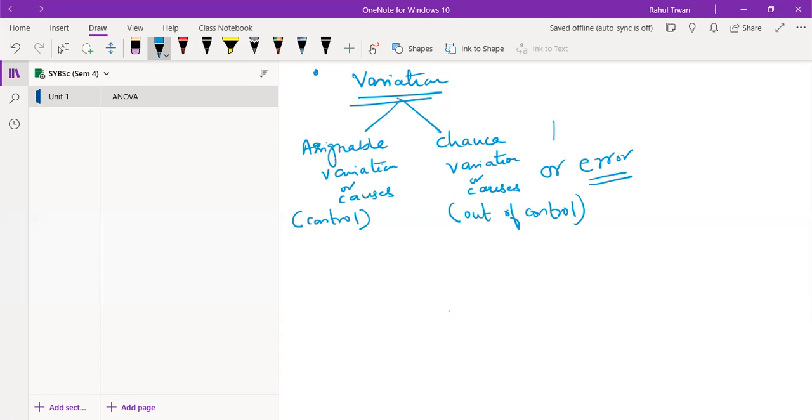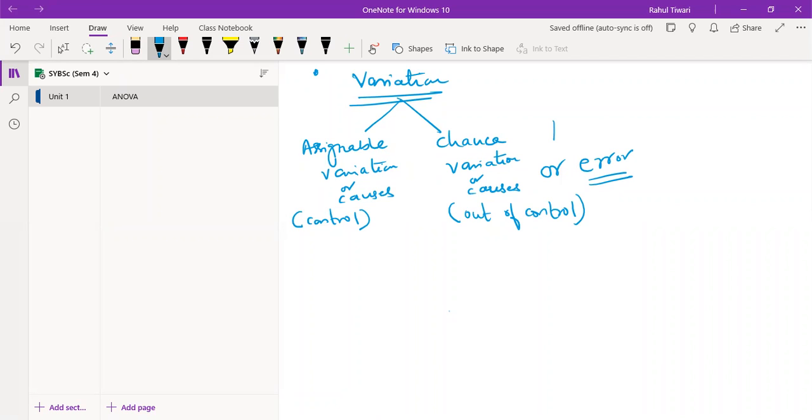The overall aim of ANOVA is to control this and try to minimize it. If there is no error, that means the model is a good fit. My model is a good fit, so I can go ahead with the model.